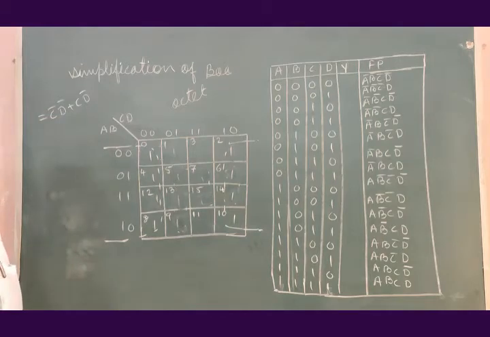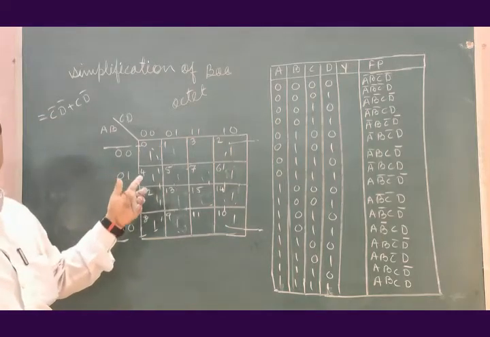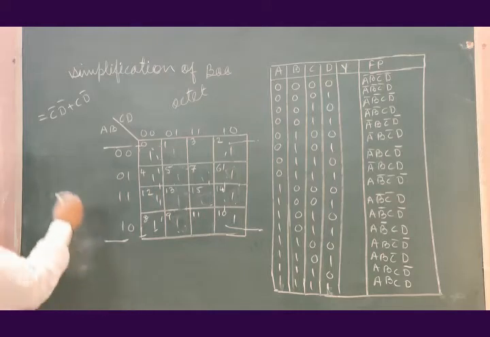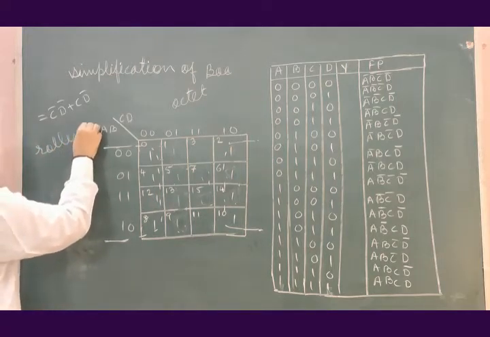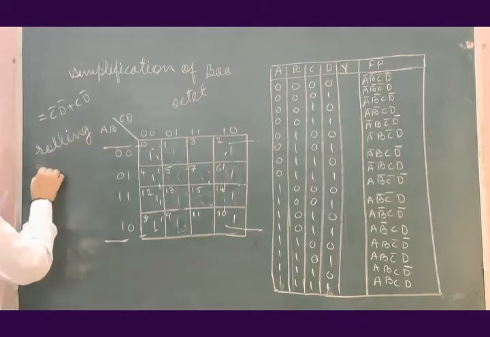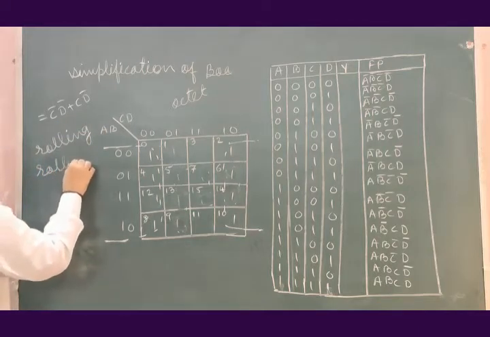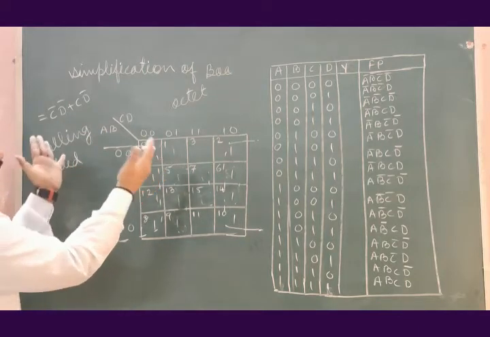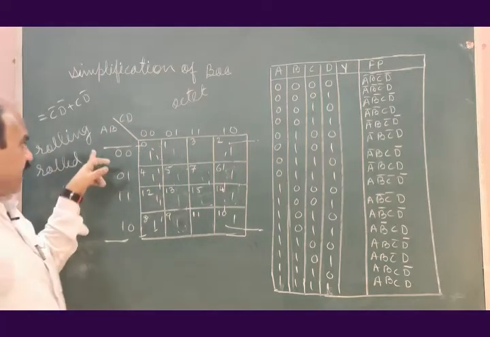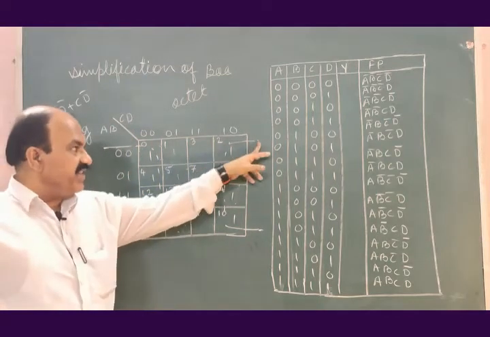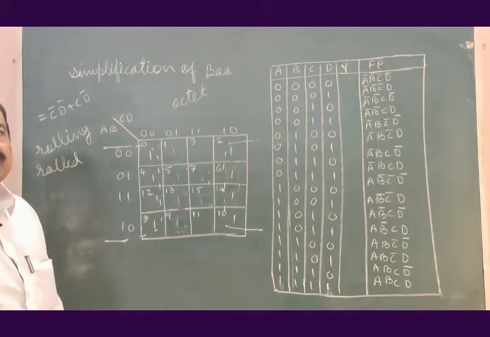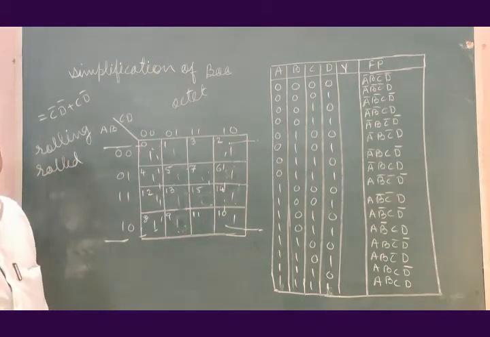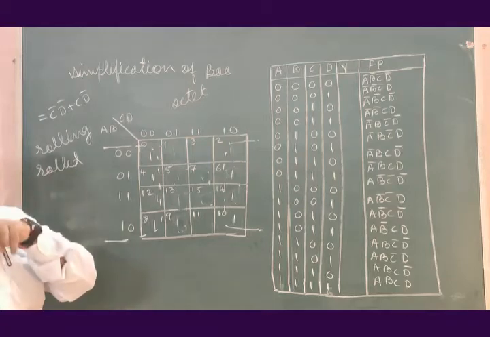This is known as making an octet by rolling the map. The map is rolled this way so that this end meets this end, and rolling of this map forms an octet instead of two quads.